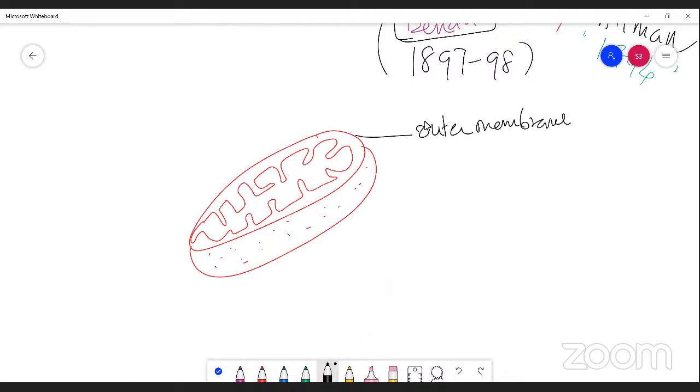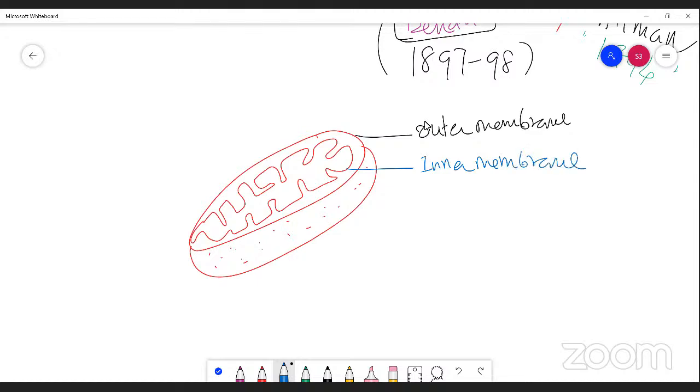As I said, it is very smooth in nature, and it encloses the periplasmic space, which is right next to the outer membrane. Then followed by this structure, called the inner membrane.